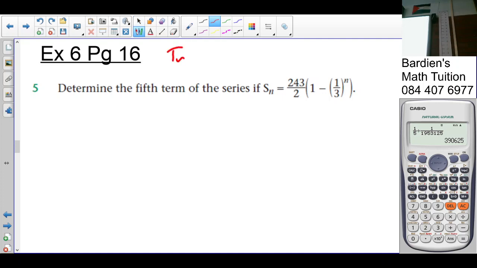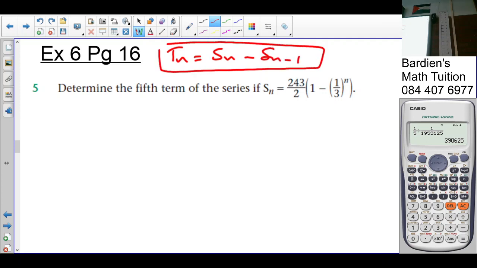We said to work out Tn, it's going to be Sn minus Sn minus 1. You guys remember that? So you want to work out T5, term 5. It will be S5 minus S4. Are you all okay with that?